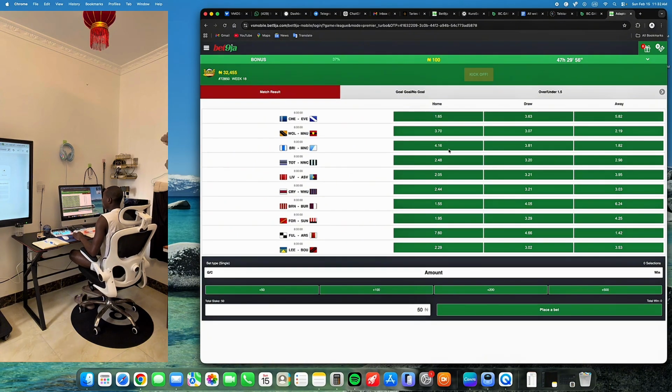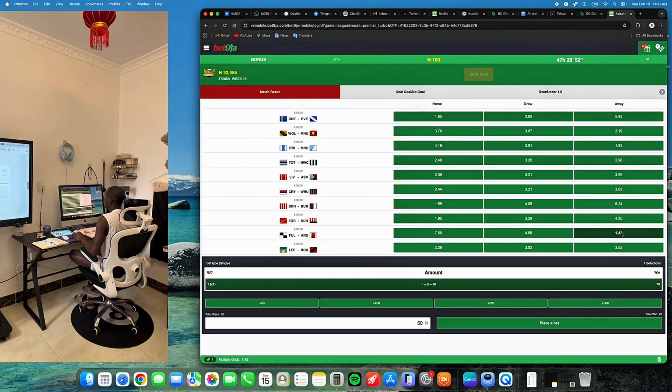Let's see, this time around it is 1.4. This is the lowest odd. Remember, we are not doing any analysis, we are not concerned about the teams, just the odds. Okay, so now we are going in with a rollover of 2,004.